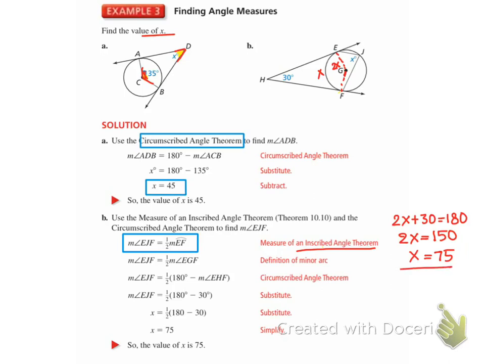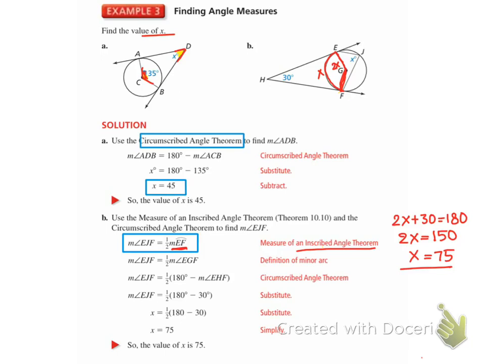But what they have done, they just substituted the value here. Arc EF is this one, so that is equal to angle EGF. The angle EGF is this one. That's going to be the same here.